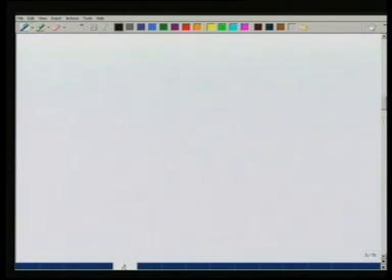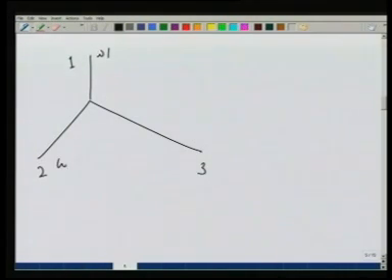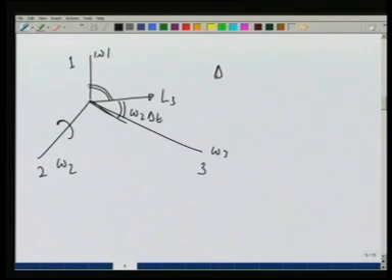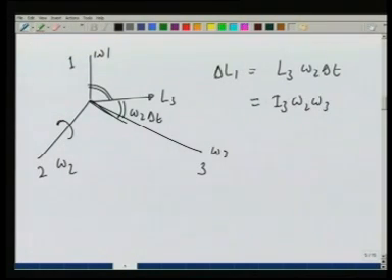Let us see that. Suppose the principal axes are given like this, 1 2 3. I have omega 1, omega 2 and omega 3 going like this. At any instant, suppose the body is rotating about axis 2, then L3 would have rotated in this direction, and you see this develops a component along 1. If this angle is omega 2 delta t, then delta L1 would be L3 times omega 2 delta t, which comes out to be I3 omega 2 omega 3 delta t.